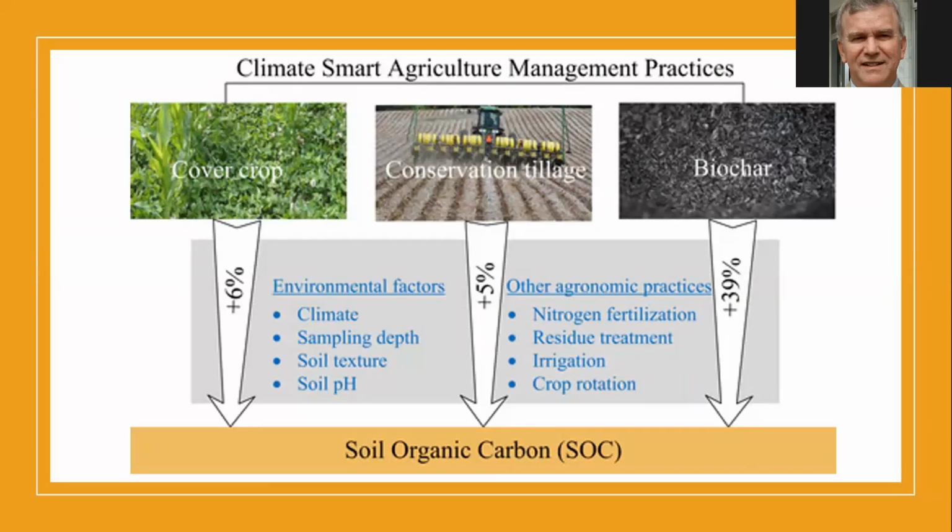So this is our goal. We want agriculture around the planet to become more climate smart. And hopefully this course that you are all taking is leaving you with a number of suggestions as to how agriculture might be practiced in your local area in a more intelligent, more climate smart way.